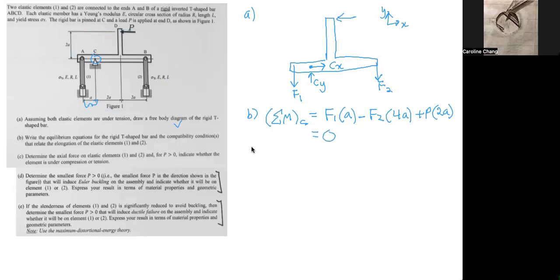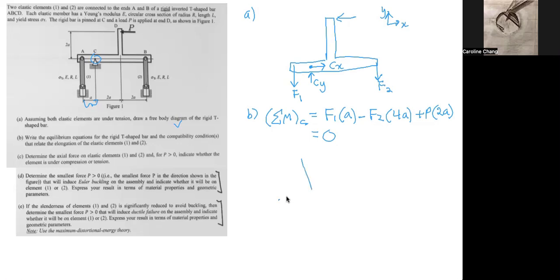So we have our moment equation, and now we need our elongation equations. So let's think about how this object is going to deform. And of course, this is an exaggeration, just so that we can visualize it better. As P is pushing here, and these two supports are here, the object is going to deform in this following way.